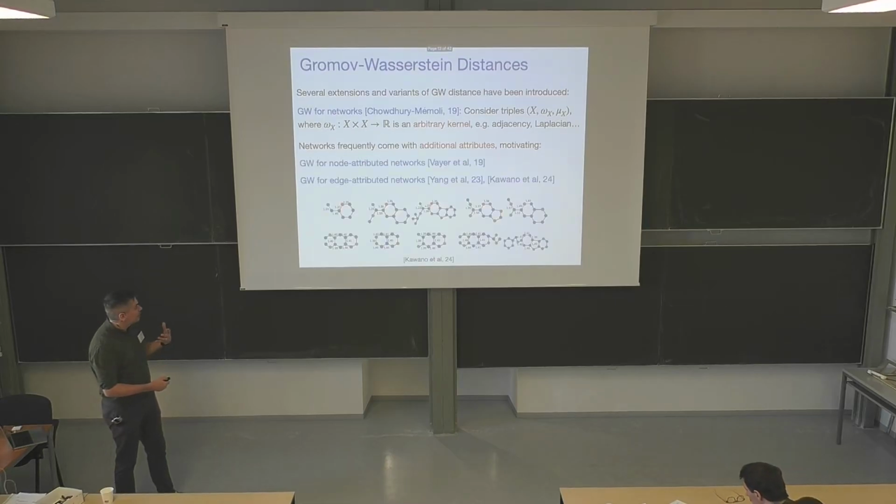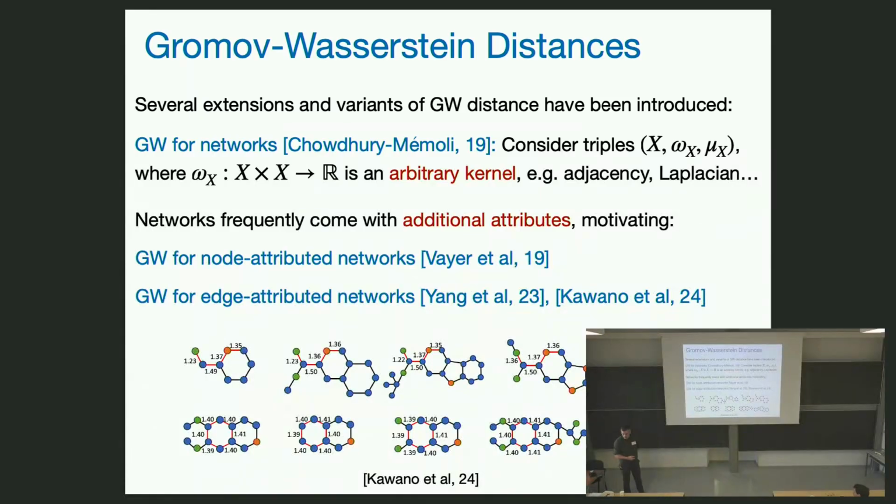Let's look at a concrete example. So if my data set is a bunch of molecules, or graphs representing molecules, then each node also has an atom type attached to it, and the edges have bond types attached to them, okay? So if I have a metric on the space of atom types and a metric on the space of bond types, then I get attributes on the nodes and edges that live in different metric spaces, okay?